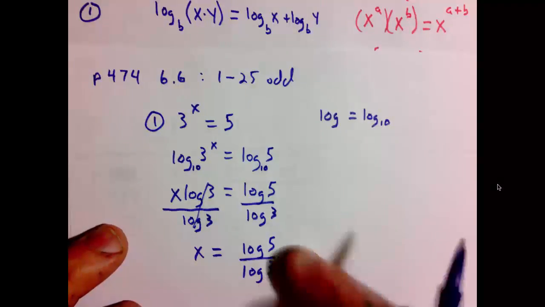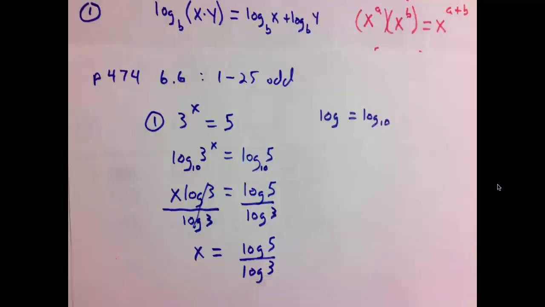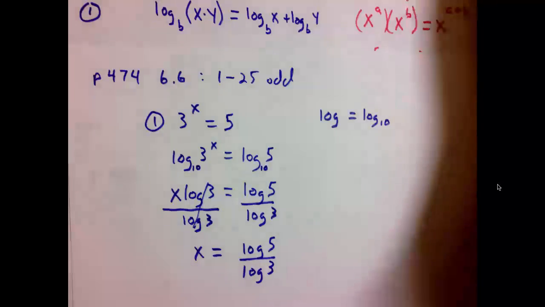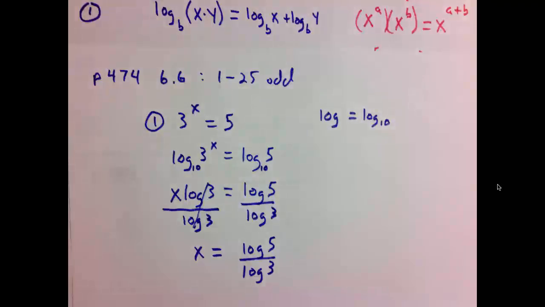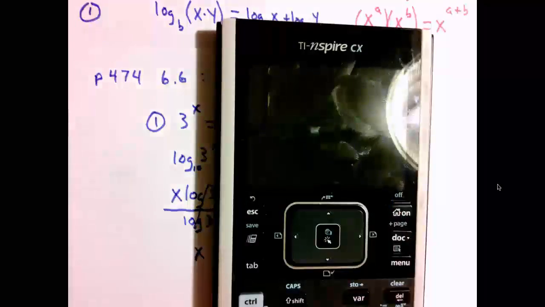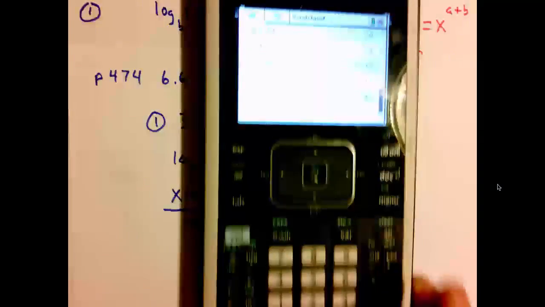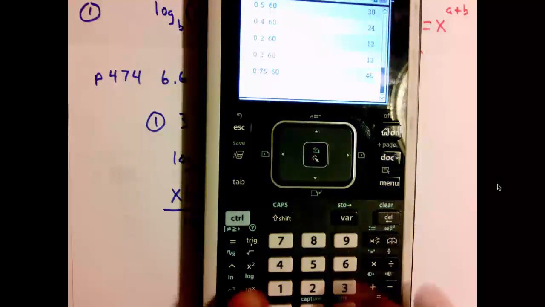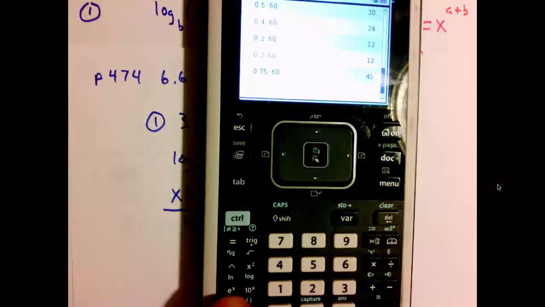You're going to need a calculator that has a logarithmic key, and many calculators will. You don't necessarily need a high-powered scientific calculator to do this. On my calculator here, right above where it says e to the x and 10 to the x power, you'll see it says log and it says ln.